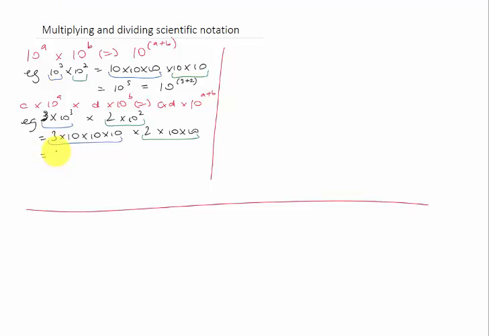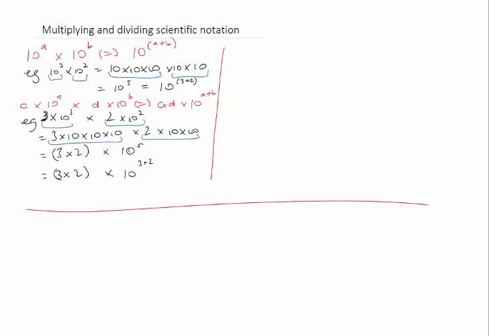So it's 3 times 2 times 10 to the power 5, with 1, 2, 3, 4, 5 tens in there altogether. So that's 6 times 10 to the power 5, which is 3 times 2 times 10 to the power 3 plus 2. So we're multiplying the coefficients, but we're adding the exponents.